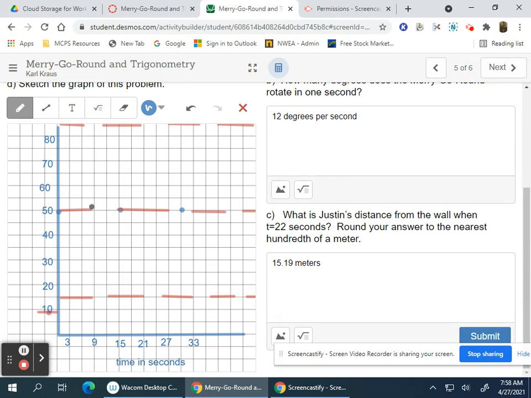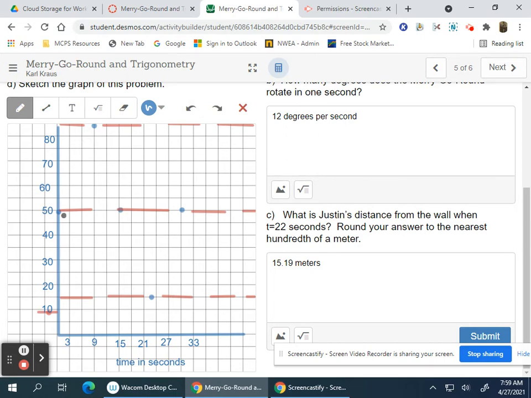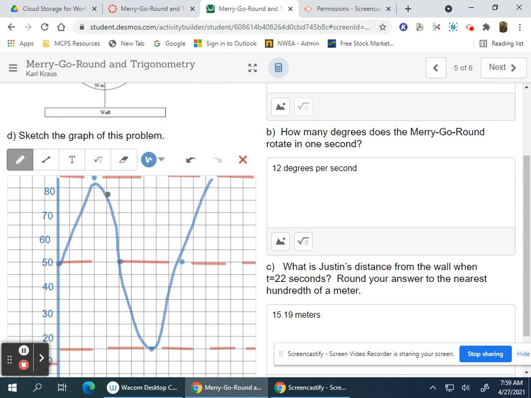So 6, 7.5. The maximum, 22.5. Minimum. And try to draw a smooth curve through there.